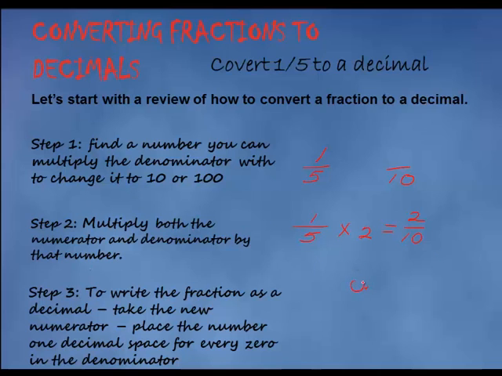Let's not forget to put our 0, our whole decimal point. And we have 1 zero, we have tenths. So we're going to place the 2 there. So now we have turned 1/5 into 2 tenths. Let's try some more conversions of fractions to decimals.